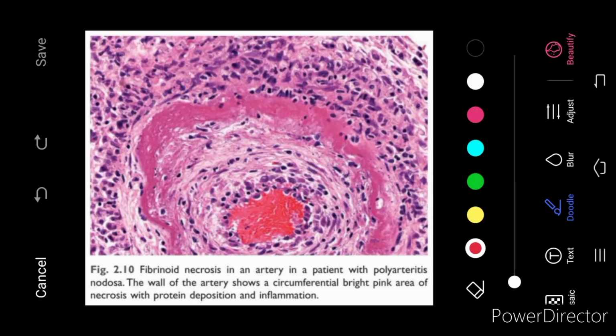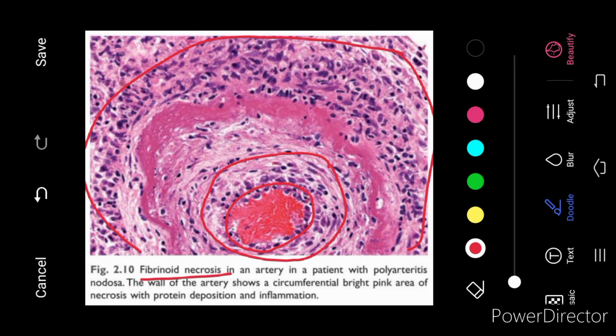So here we can see the fibrinoid necrosis. This is the lumen of an artery. This is the tunica intima and this is the tunica media in the periphery, and the tunica adventitia is not shown here.